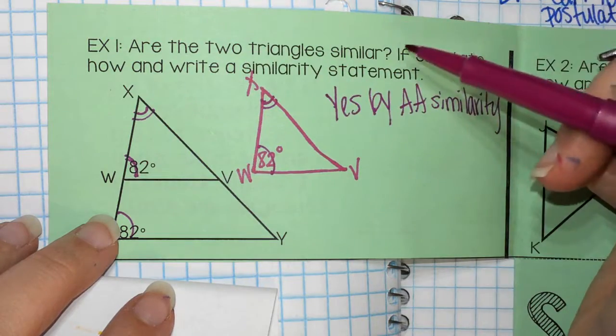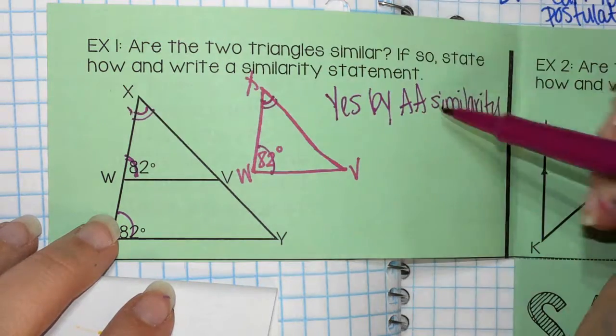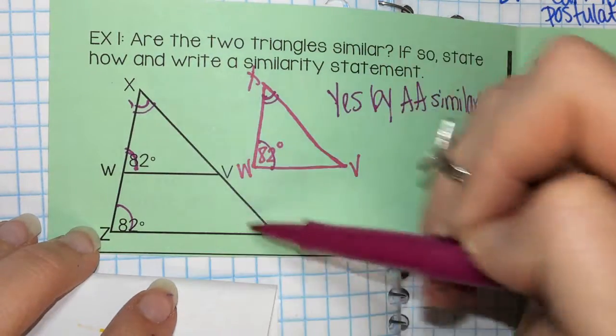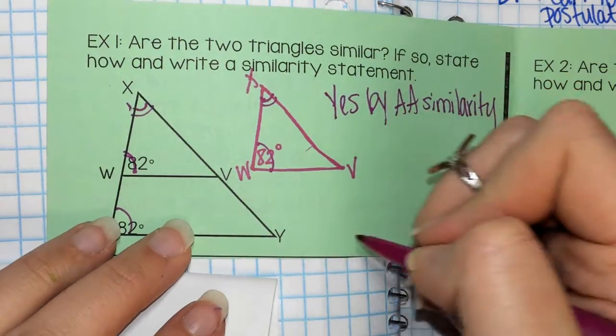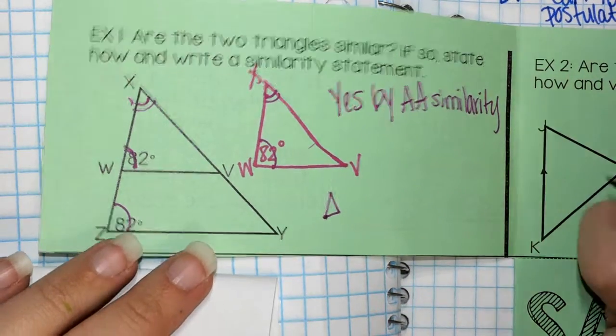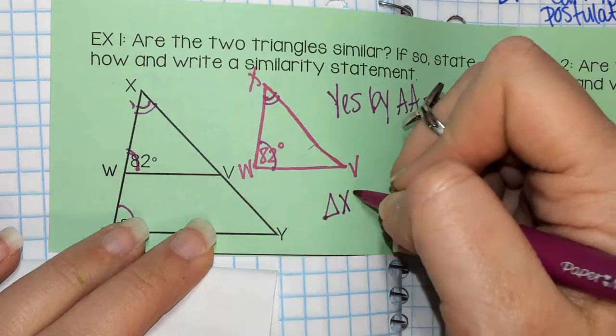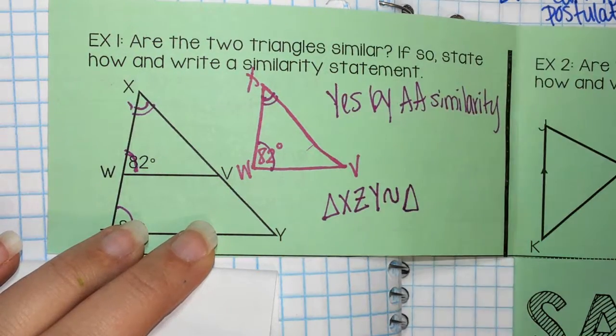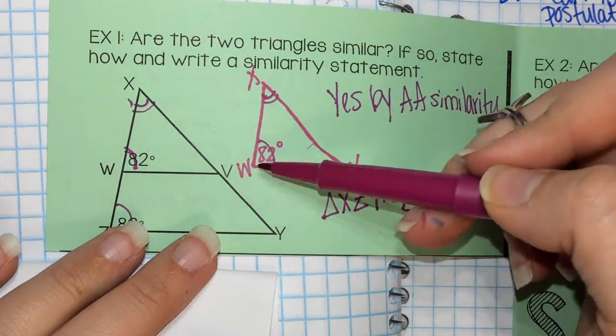It says, are the 2 triangles similar? If so, state how. We did that. And write a similarity statement. So we're going to have to say that the big triangle is similar to the little one. Can somebody please name the big triangle for me? XZY. Good. Take a point. And that is similar to what triangle? XWV.